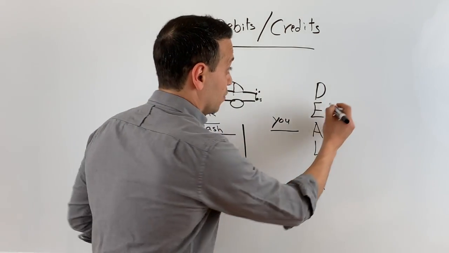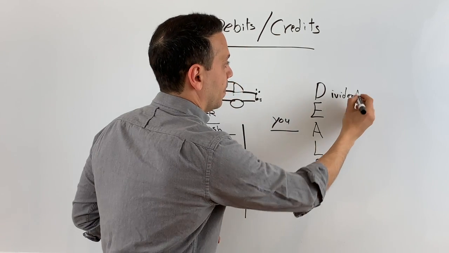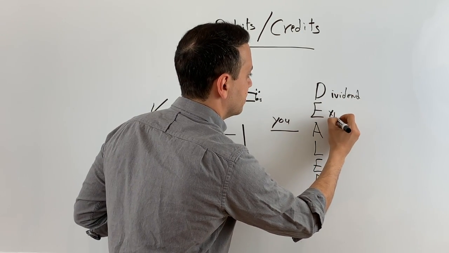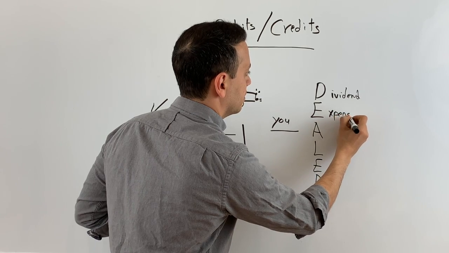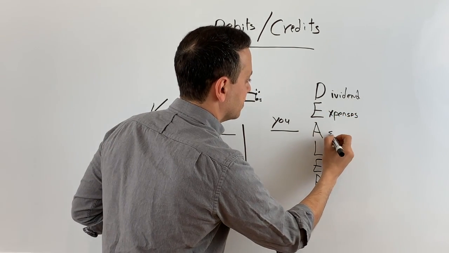D stands for dividend. E stands for expenses. A stands for assets.